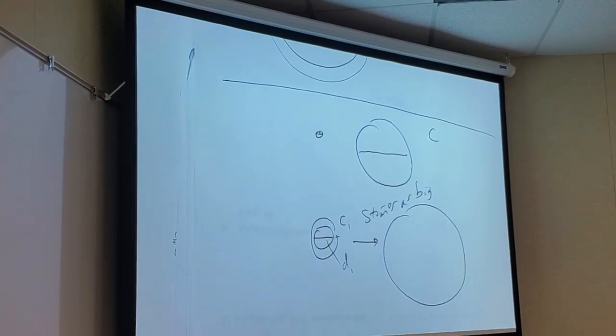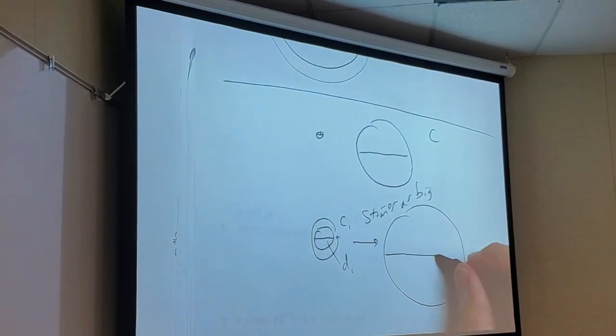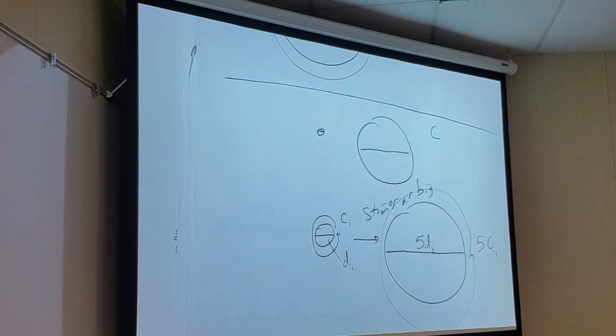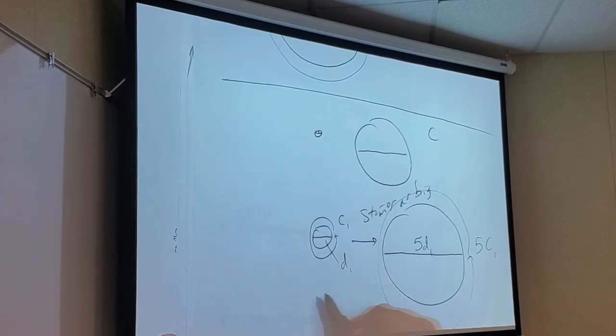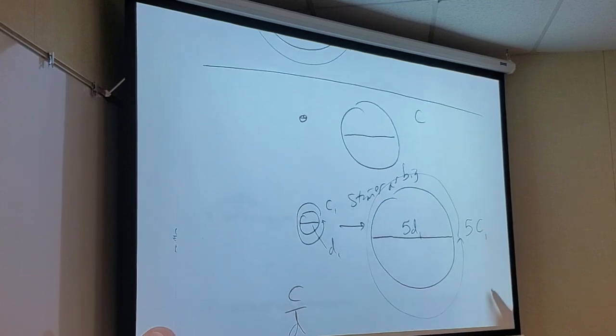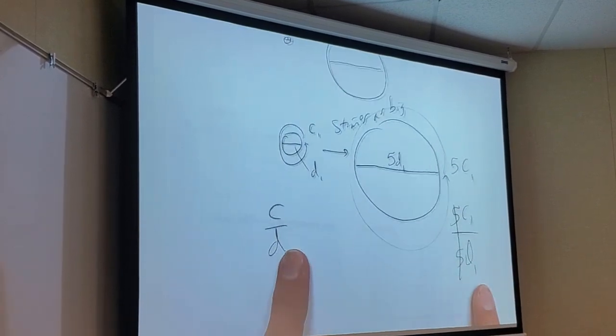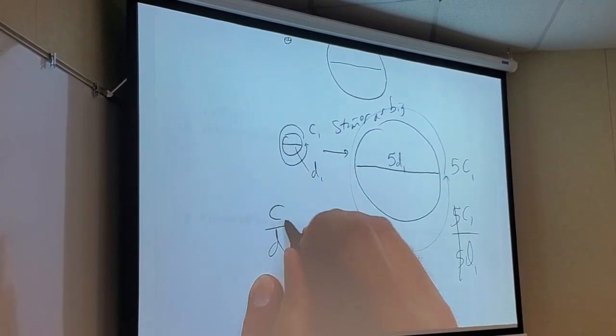Just like Mike just said, the diameter would be 5 times that, and the circumference would be 5 times this. So whatever C divided by D is here, if I do C divided by D here, see how those cancel? So aren't they the same?